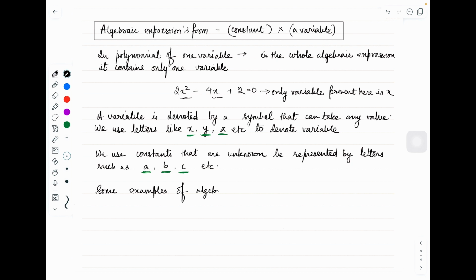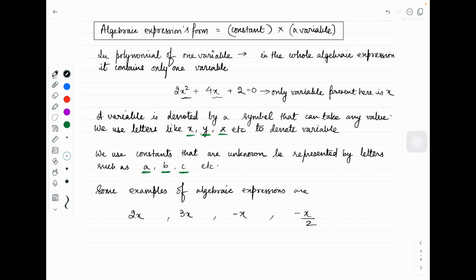Understood? So let me write some examples of algebraic expressions. Some examples of algebraic expressions are 2x, 3x, minus x, minus x by 2.